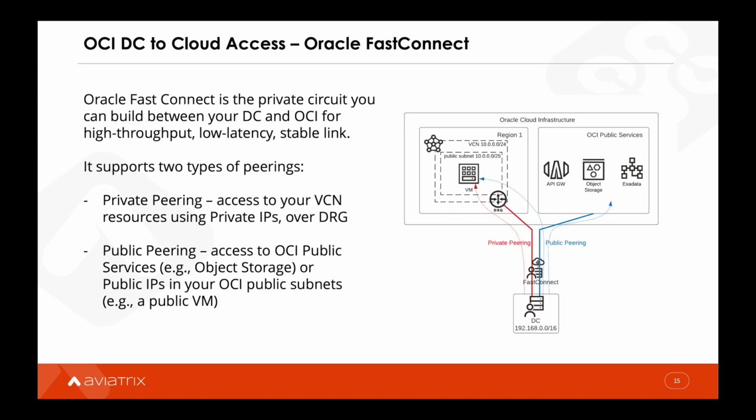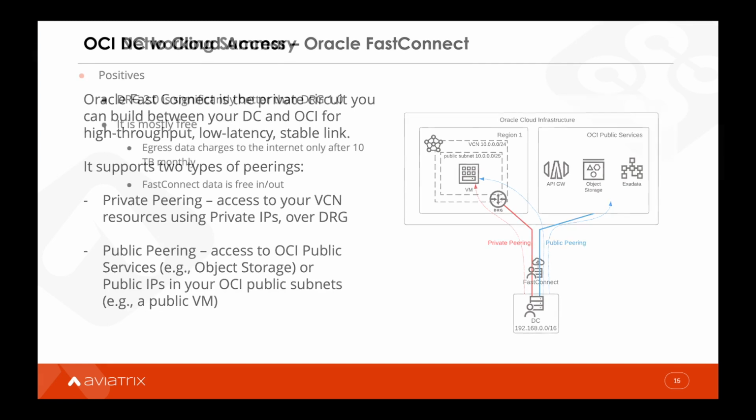And then you have a public peering, the second type of peering, which allows you to access Oracle's publicly available PaaS or SaaS services using this dedicated link. And also with public peering, you can access your own resources in your VCNs, assuming that they use public IPs. And obviously the link by default has good stability, low latency, and the throughput can be quite high depending on your needs. You can control it quite granularly.